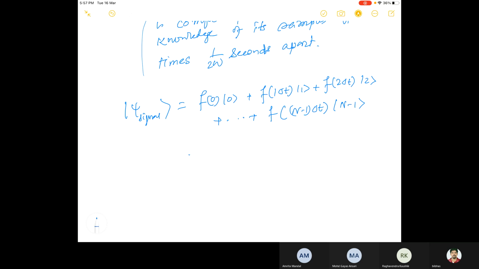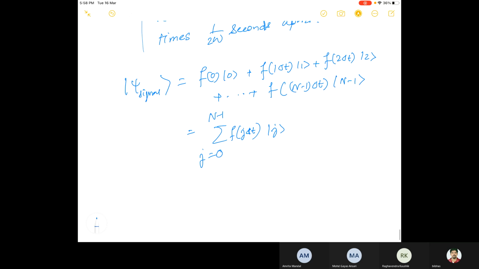So basically I have constructed a quantum state which is a linear combination of these standard basis vectors.